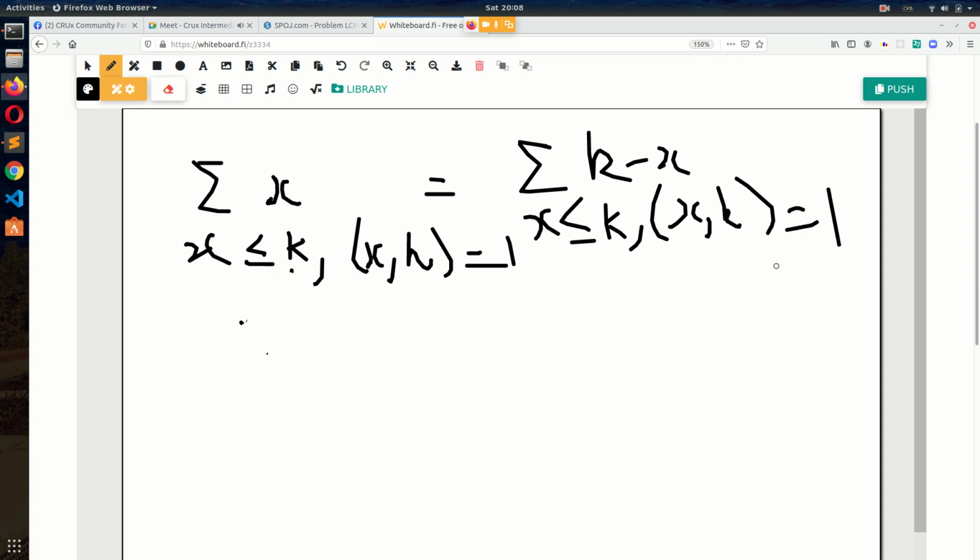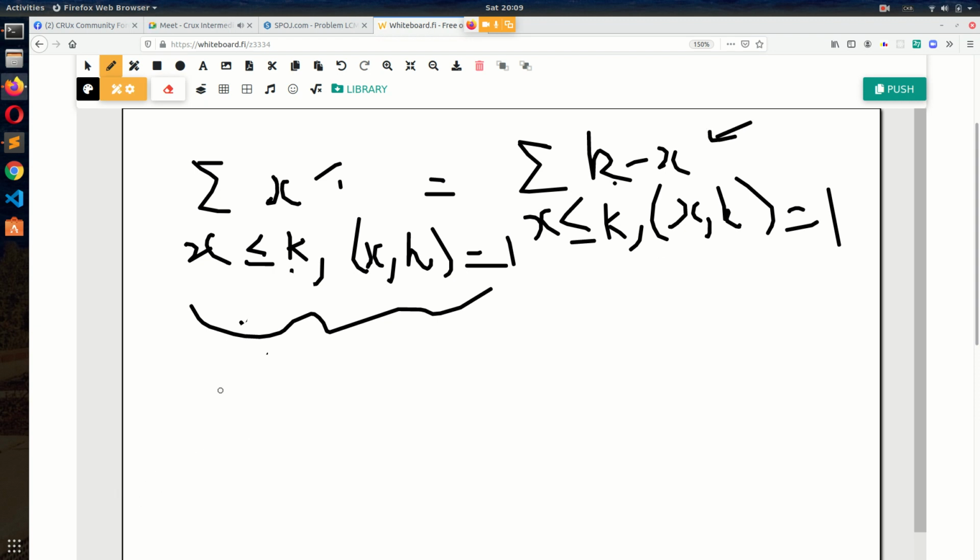Does everyone get this? Because if x is one of the numbers which holds this property, k minus x would also be one such number. So this is a symmetric formula.